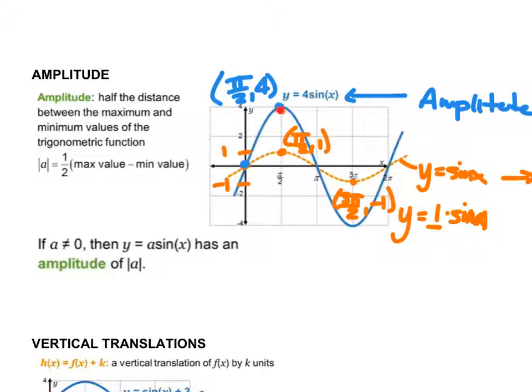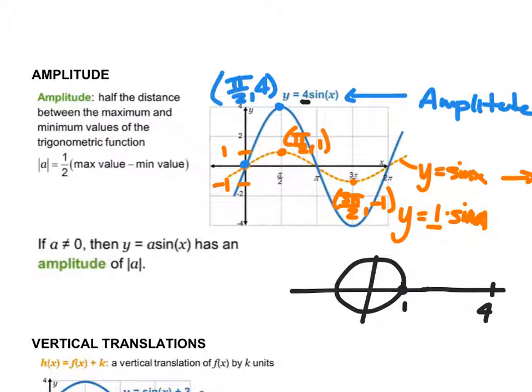If you have a standard unit circle of radius 1, when you introduce this 4, what you're really doing is changing the radius of the circle to 4, okay? And that's essentially what you're doing there.